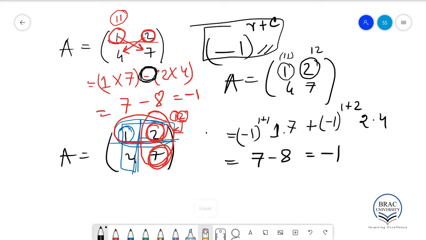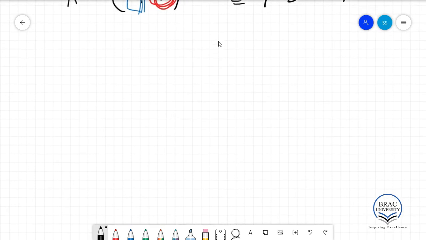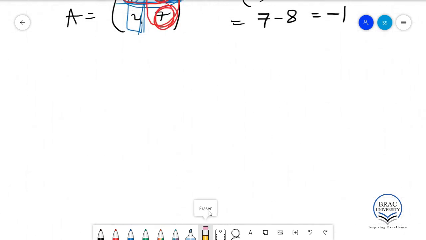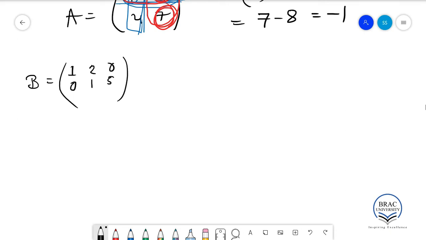So let's take another example, and this time let's try to do it for a 3x3 matrix. Let's take a 3x3 matrix as P, and let's say this is 1 2 0, 0 1 5, 9 0 7. Now again, let's work with the first row.